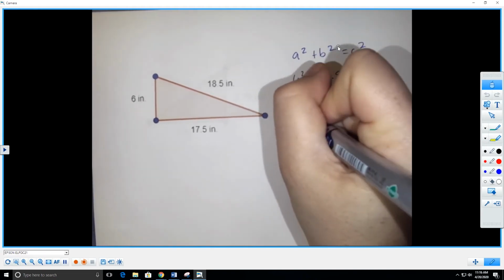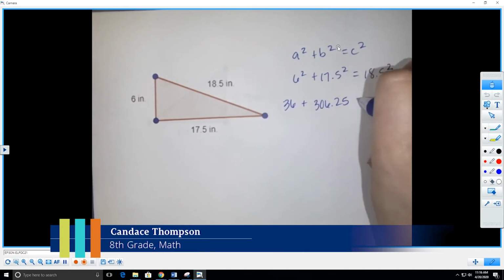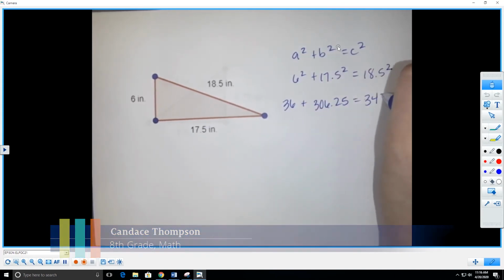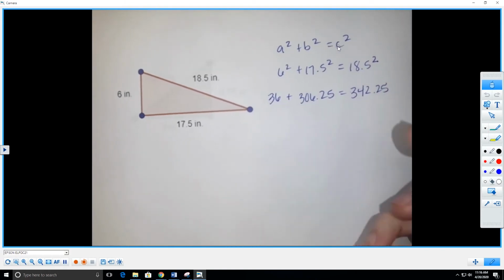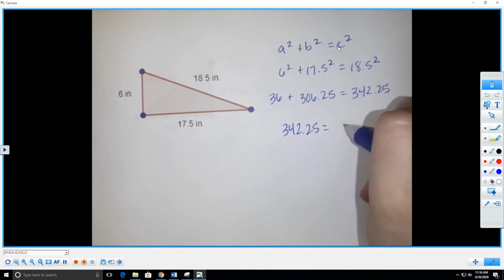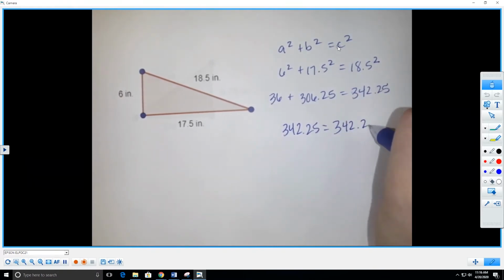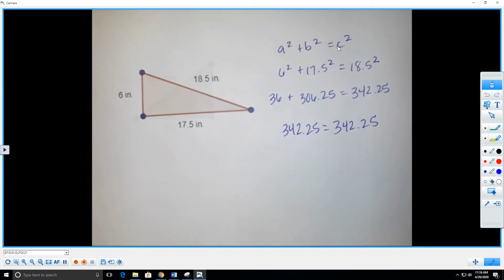So I get 36 plus 306.25 equals 342.25. I'm going to add these together, and when I do, I have 342.25 is equal to 342.25. So this is a true statement, and that means that these measures do form a right triangle.